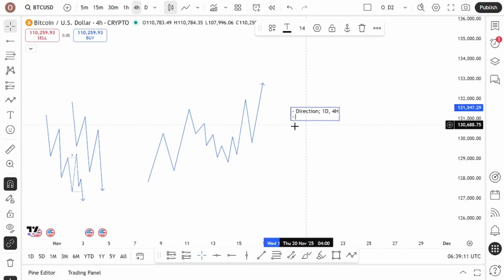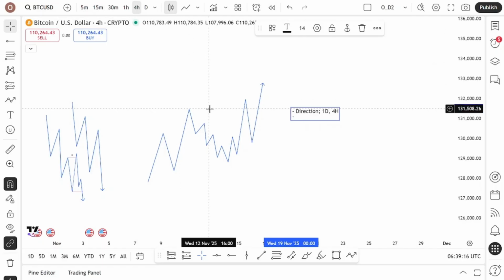Now, when it comes to entry, every other time frame that you see here falls under the 1 hour, right? The 30 minutes, the 15 minutes, and the 5 minutes.